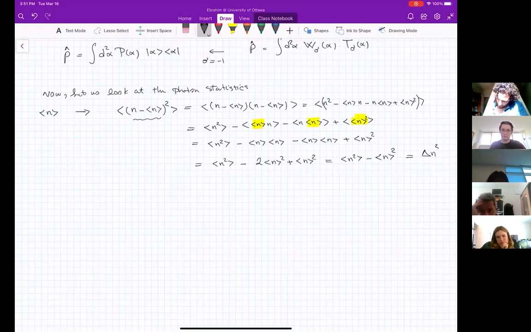If I write it in this way, don't get surprised. Some people prefer to write it in this formalism. So essentially, the conclusion is that delta n squared, which we define as the average of n squared minus the average of n squared, is nothing more than simple variance. Good.